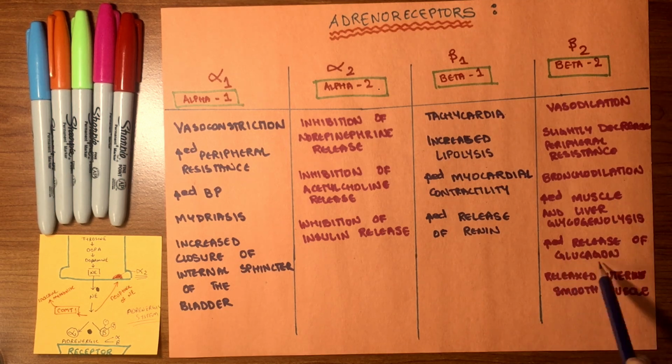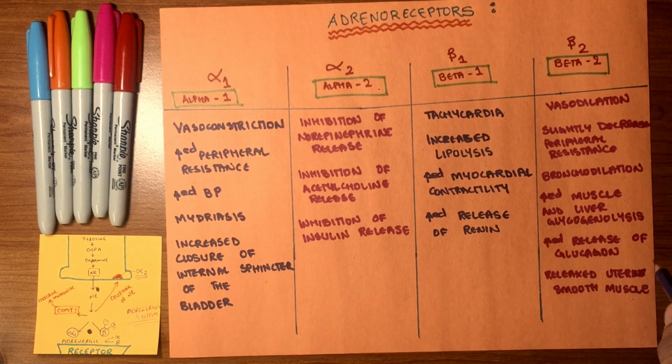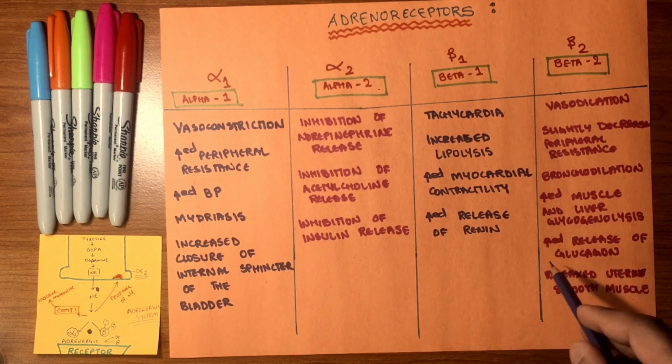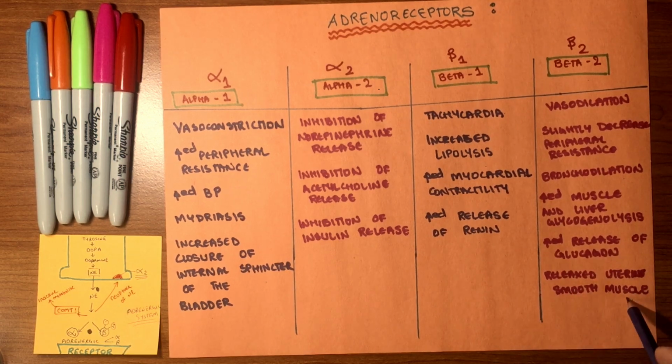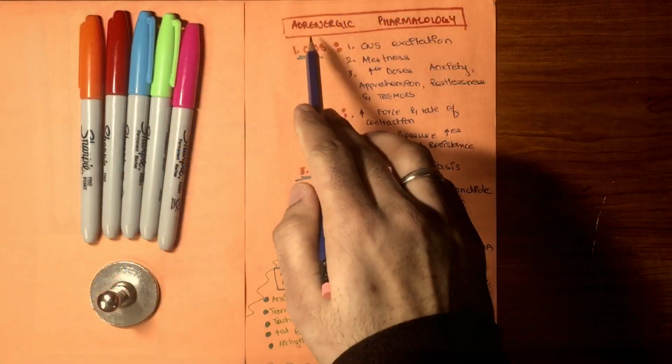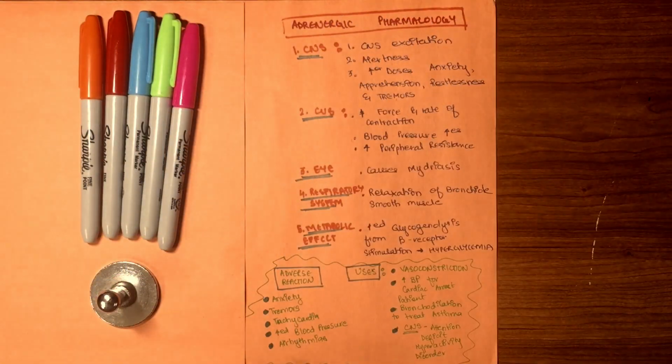There is an increase of glucagon, which is a stored form of glucose, and there is an increase in uterine and smooth muscle relaxation. These beta 2 receptors will relax uterine smooth muscles as well.